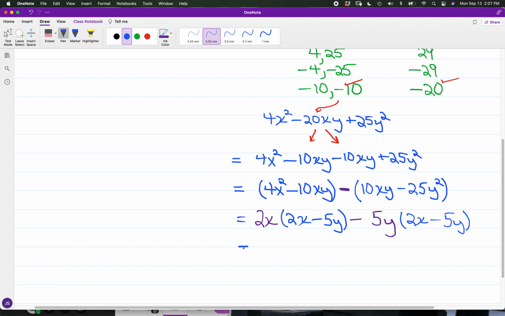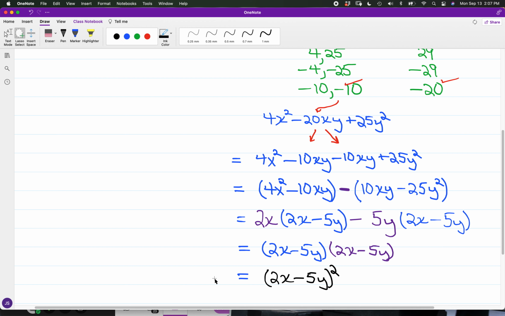In the formation, we have the quantity 2x minus 5y, times the quantity of the outside terms, which is also 2x minus 5y. With the repetition of 2x minus 5y, this becomes the quantity 2x minus 5y squared.